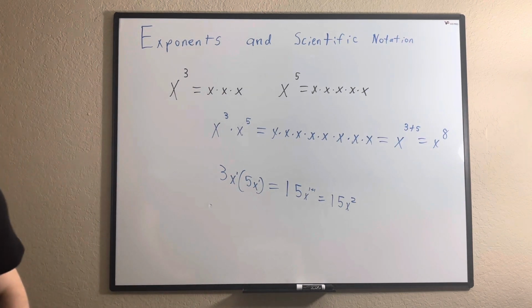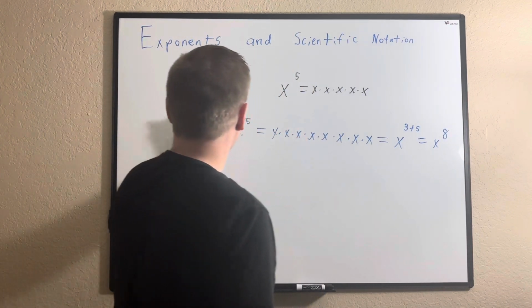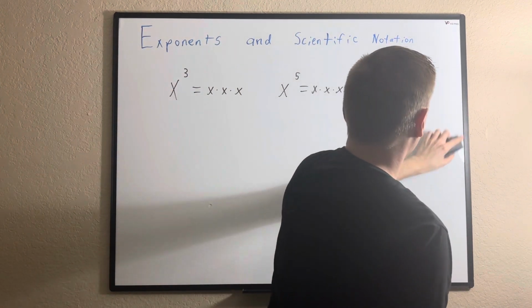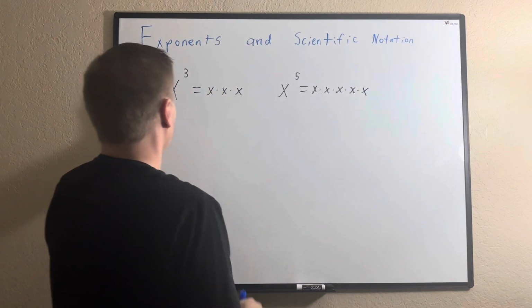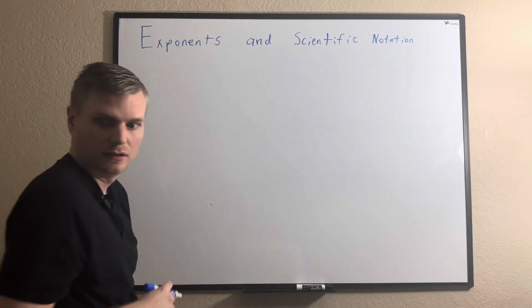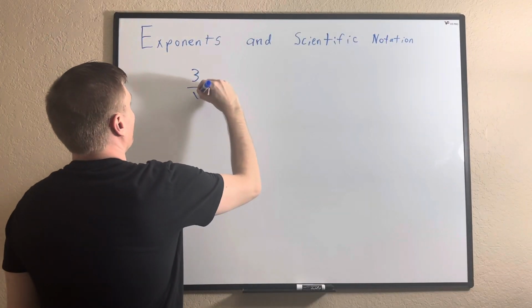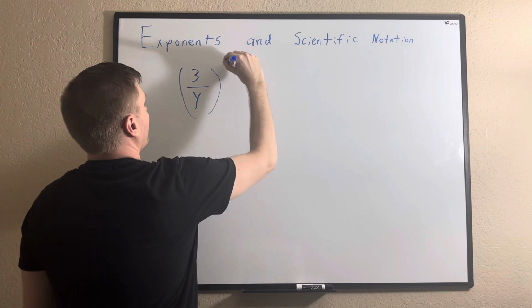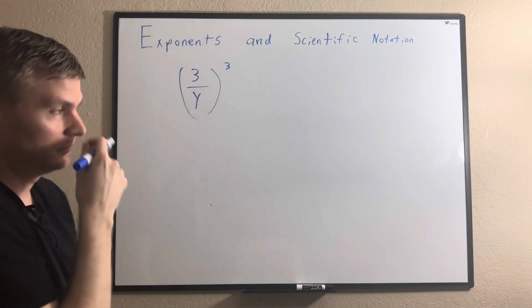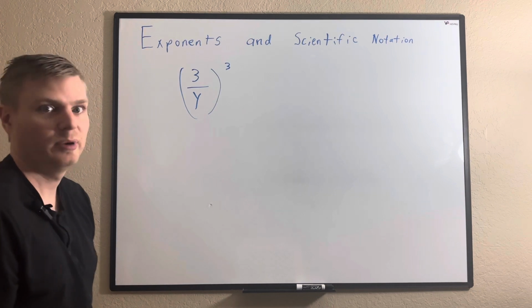All right, now, there's a lot more to exponents than just that. That's just the beginning. That was just multiplication. What if we took 3 over y and cubed it? Whoa. A fraction raised to the power of 3.